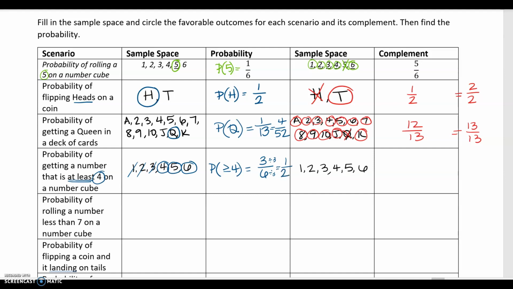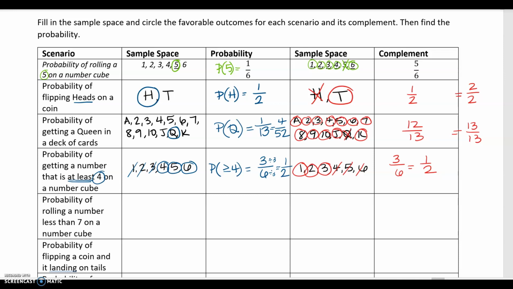So it's a half. So again, if I did it the opposite way, I'm crossing these out, which means I'm circling these. So that can be 3 over 6 or 1/2 as well for the complement. Okay.